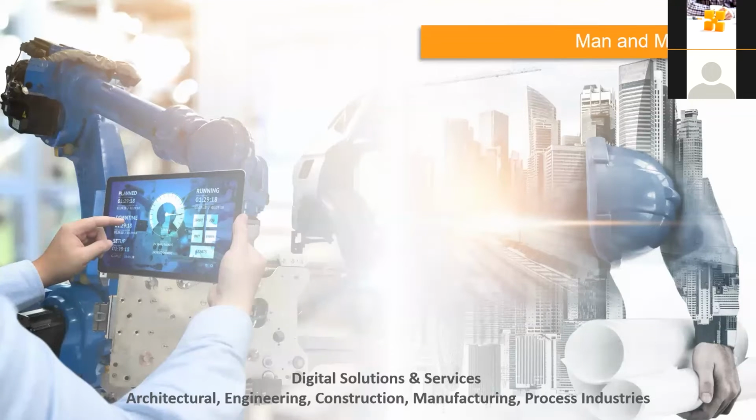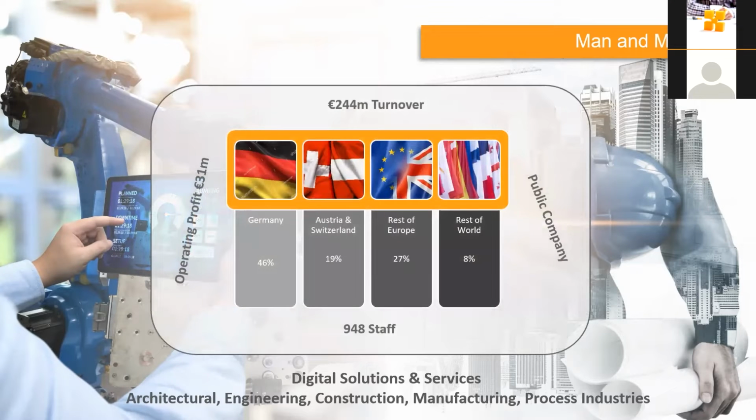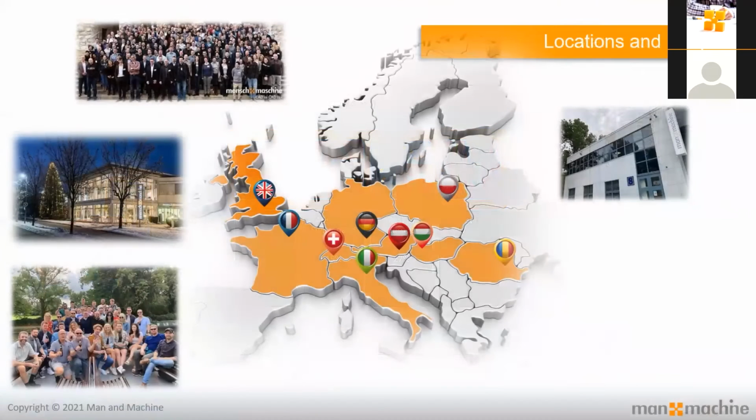In terms of Man & Machine as an organisation, we're spread across all continents around the world. We have a bigger presence across Europe, with our head office based in Germany, and we're very present across mainland Europe.